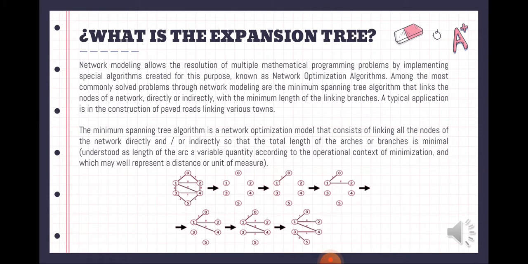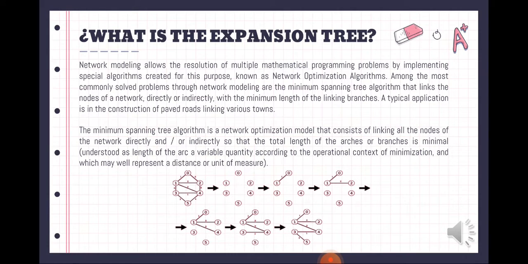Also, the minimum spanning tree can be used to analyze correlations in financial systems of foreign exchange markets. The minimum spanning tree is appropriate for problems in which redundancy is expensive or flow through arcs is considered instantaneous.